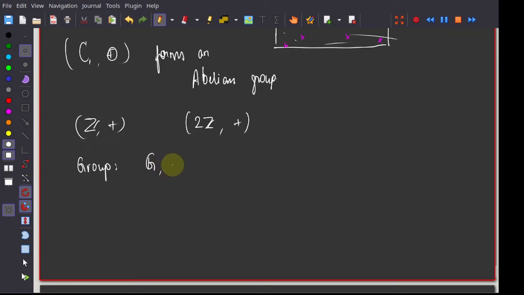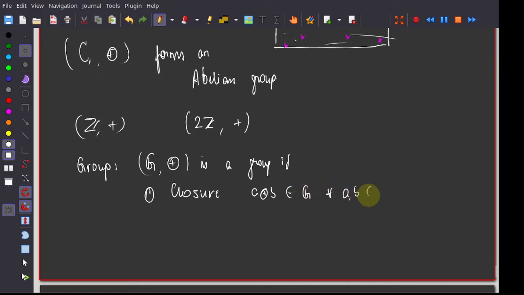So any set with some binary operation is a group if it satisfies the following properties. One is, of course, it is closed. So A plus B is in the group for all A, B in the group.